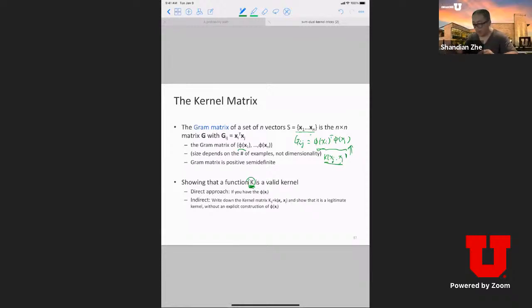You need to ensure that for arbitrary n, as long as n is finite, like 1, 2, 4, 5, 3, 10,000, 1 million, the kernel matrix you computed is always positive semi-definite. Then you can show your K is valid, and the kernel matrix is a Gram matrix.